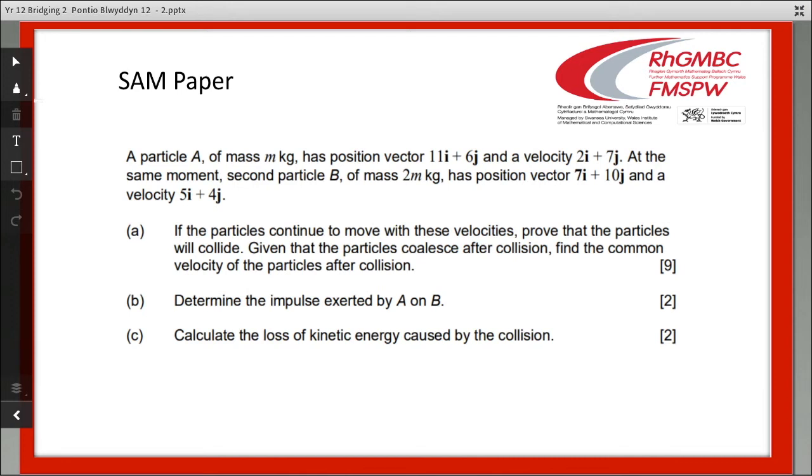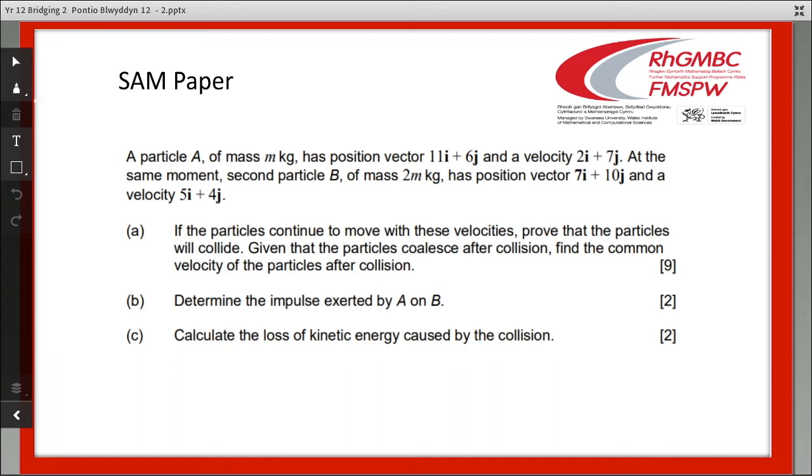And from physics, the distance is speed times time. We're looking here at velocity, not speed, but the concept is the same. So the future position of A is going to be 11i plus 6j plus t times the velocity component. And the same thing will apply to B.